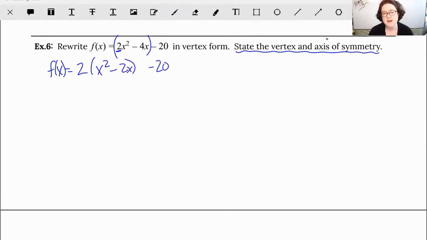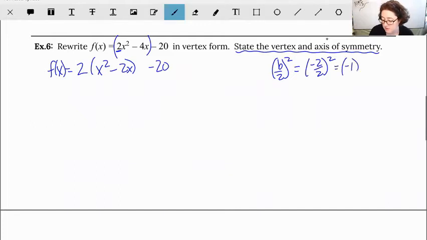Now that we have the x squared by itself, it's time to do that b over 2 squared. Now that we factored out that 2 from the a value, our b is now a -2. -2 divided by 2 is just a -1, and -1 squared is 1.